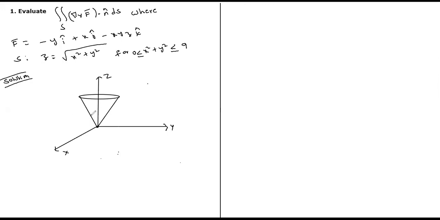Will a combination of circles be a closed surface or open surface? A combination of circles will form an open surface, right? It is open at the top. Can you visualize this? Yes, sir. Okay, so this is the surface.